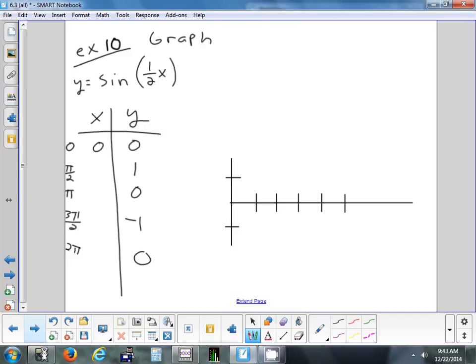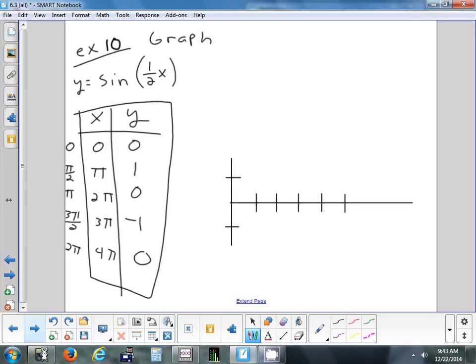Same window as last time, 0 to 2 pi. Okay, I'm just barely on the edges here, so what I would probably do is go like negative 4 to 4.